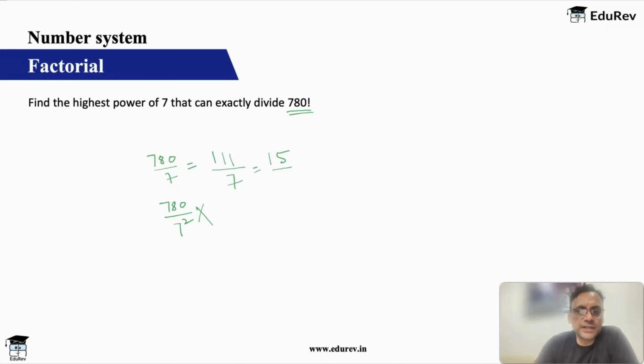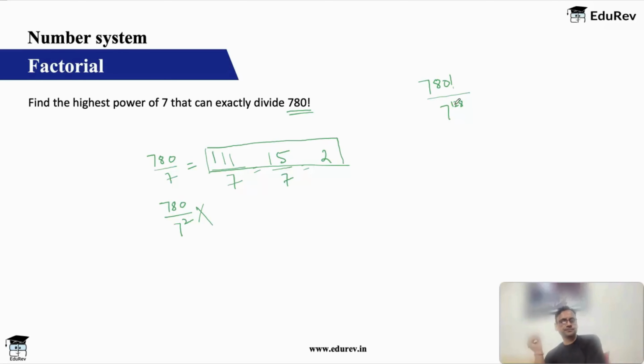Then 15 by 7 is 2, and 2 by 7 is 0, so you don't have to take that. So basically what you get is 111 plus 15, which is 126, plus 2, 128. So the answer will be 780 factorial can be divided by 7 to the power 128. Okay, so this is the answer.